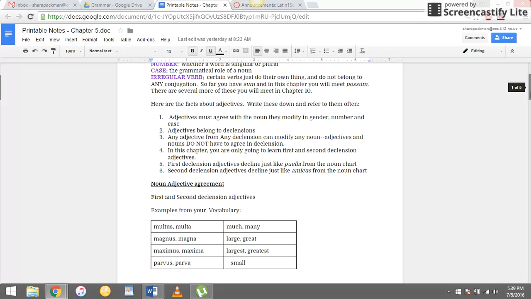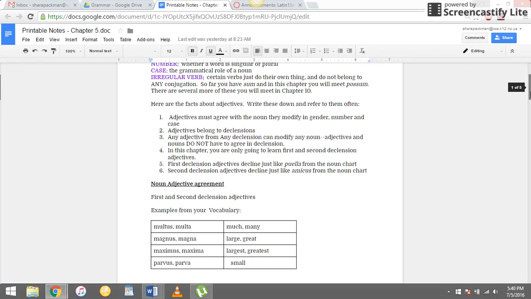In this chapter, you're only going to learn first and second declension adjectives, which means that they're only going to use first and second declension endings. First declension adjectives decline like puella from the noun chart. Second declension adjectives decline like amicus from the noun chart.